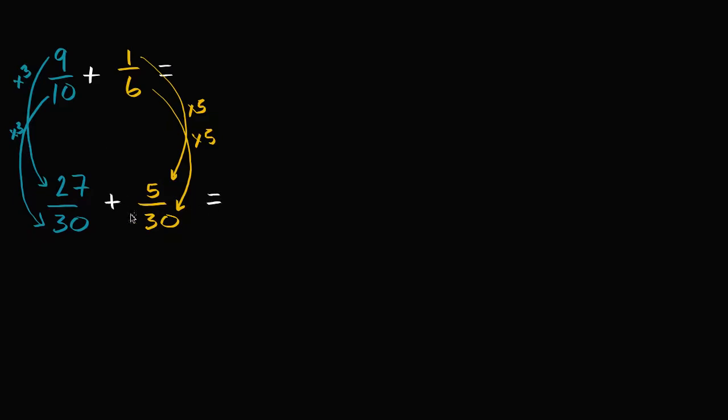And it's fairly straightforward. We have a certain number of 30ths added to another number of 30ths. So 27/30 plus 5/30 is going to be 27 plus 5 over 30, which of course is going to be equal to 32/30.